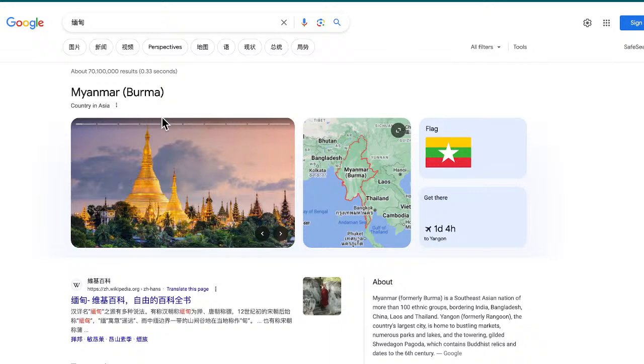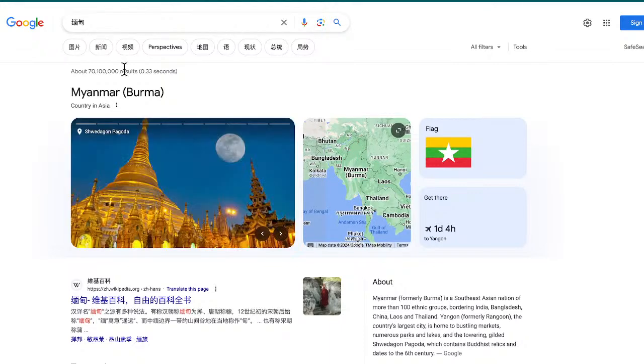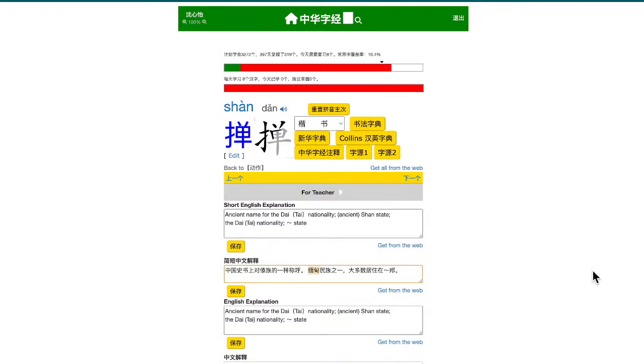Yeah, Miandian is Burma. So the same ethnic group is actually living in Burma. And so when you pronounce it as 善, it's the name for this ethnic minority.